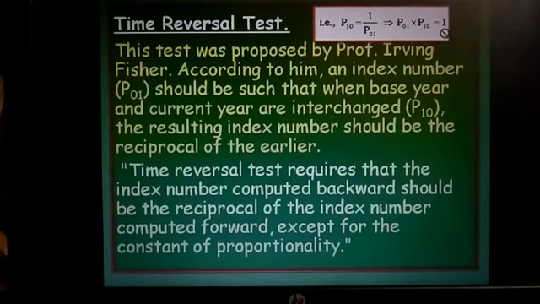That means 1. The answer has to come as 1. Any index number which gives P01 when calculated and P10 when calculated, if the product of those two is 1, then we say that index number satisfies the time reversal test. This notation can be written even in this format. Look at the cursor.